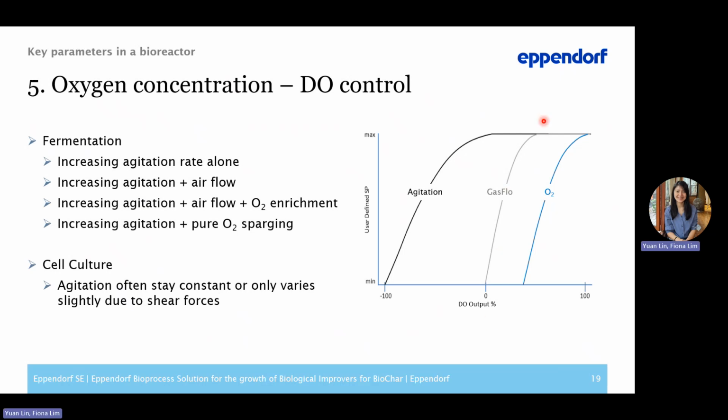And eventually again, if your cells grow so rapidly and so well that they run out of oxygen again, then in that case, pure oxygen can be introduced into the bioreactor to allow the cells to continue growing. So these are some of the oxygen controls that a bioreactor can use to help microorganisms grow when you are growing them in the bioreactor.